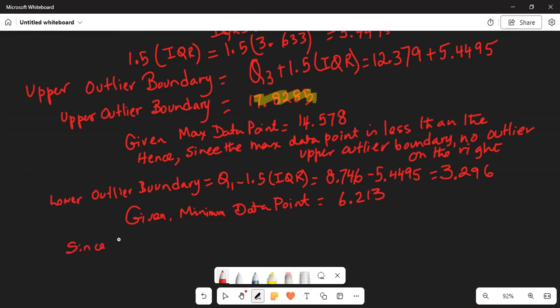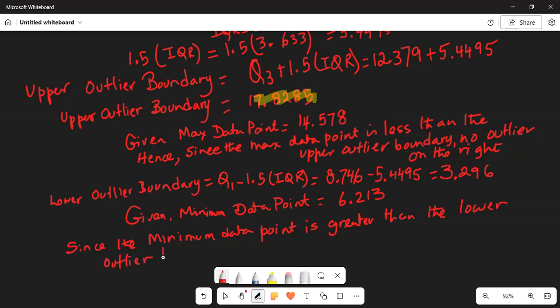Since the minimum data point, 6.213, is greater than the lower outlier boundary, some people call it the lower outlier fence, there is no outlier on the left.